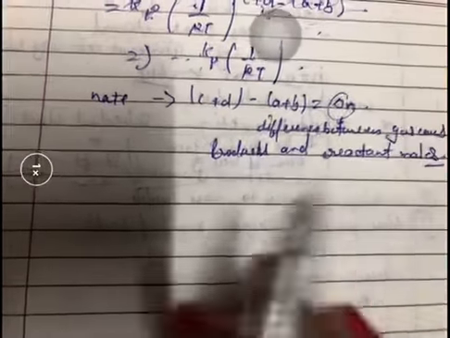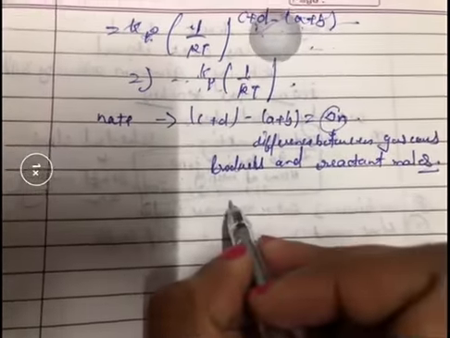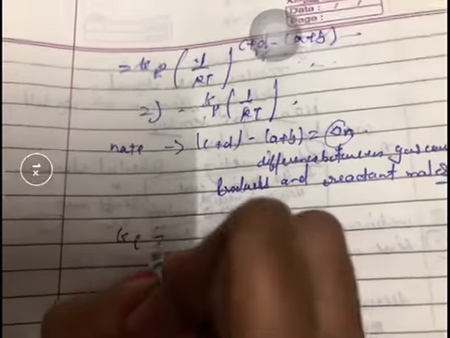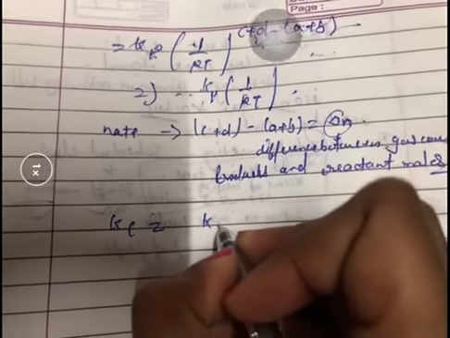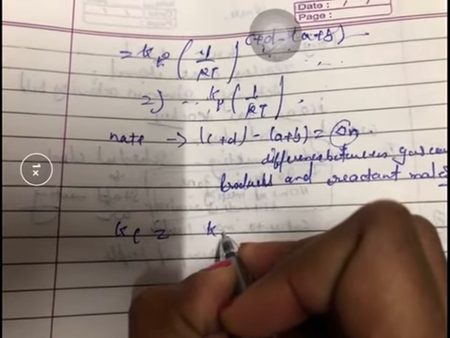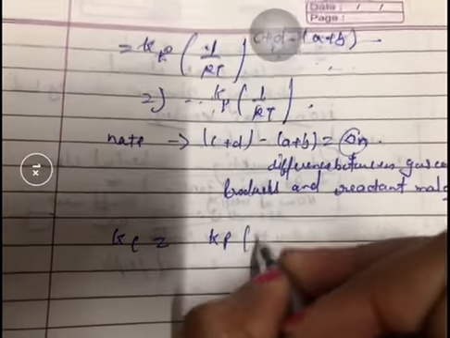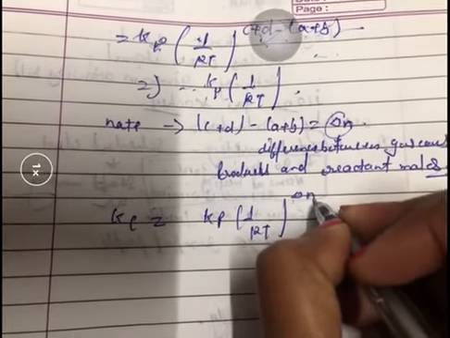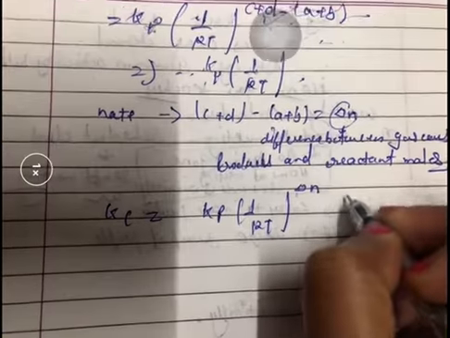Clear? So now I can write the equation as Kc is equal to Kp into (1 by RT) raised to del n. Clear?